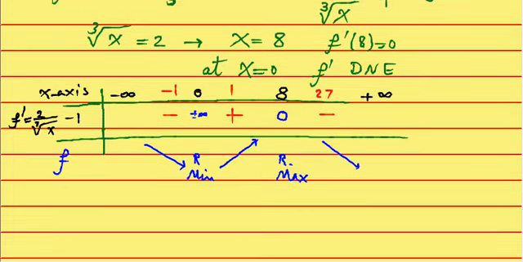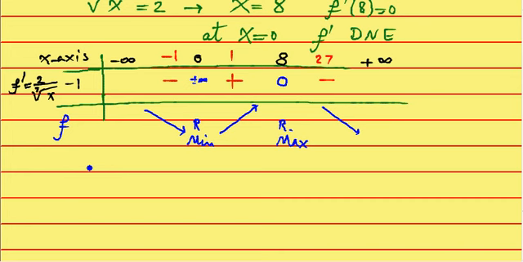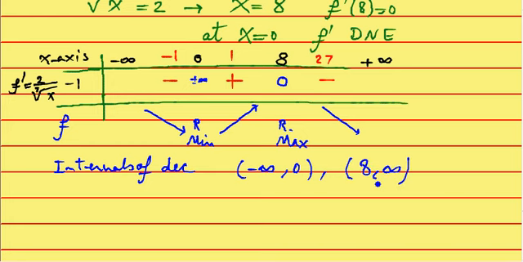Now I can harvest this table and say plenty of stuff. So I can say intervals of decrease is from minus infinity to 0, and then from 8 to infinity. Intervals of increase is from 0 to 8.